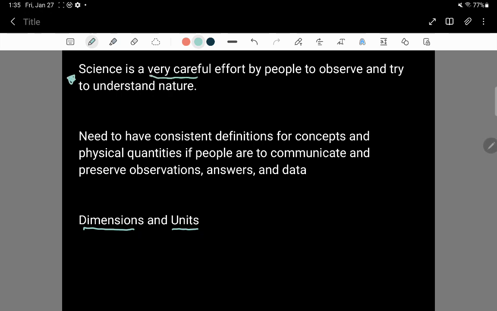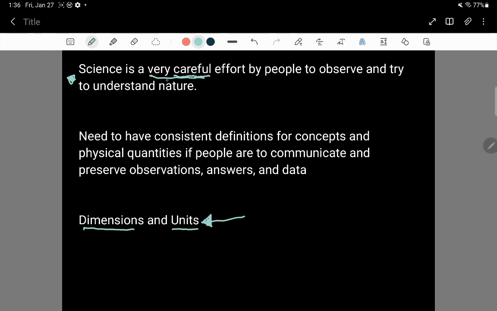So the point is, science is a very careful effort by people to observe and try to understand nature. The reason I say very careful is that's part of the reason why I want us to be very careful about what kinds of things you can measure in nature, right?